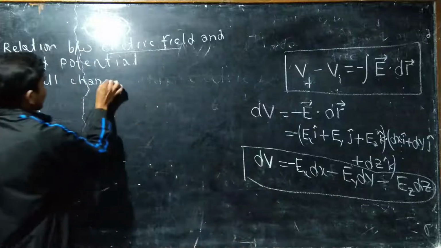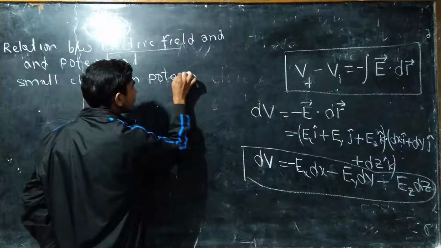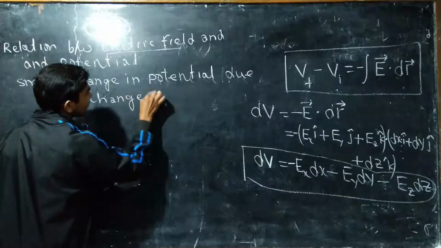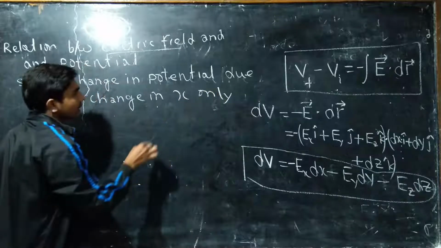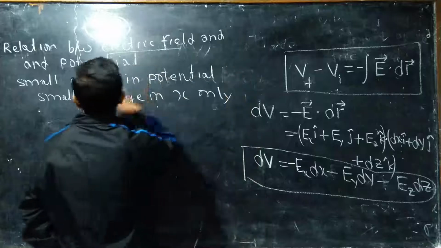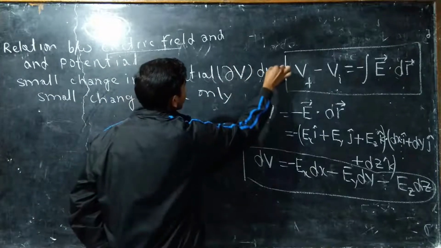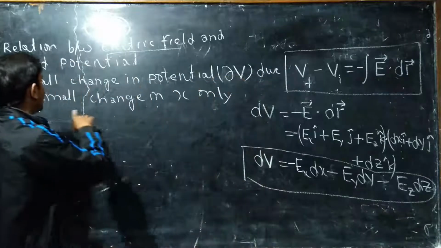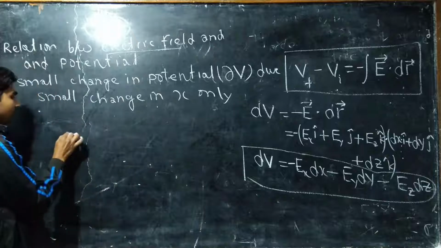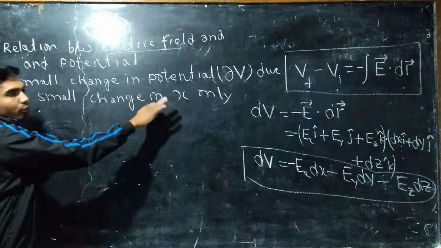Now a small change in potential, which I am writing as del V, due to a small change in x only.